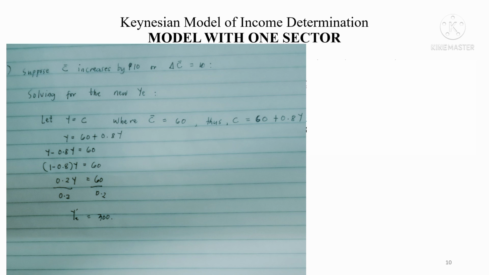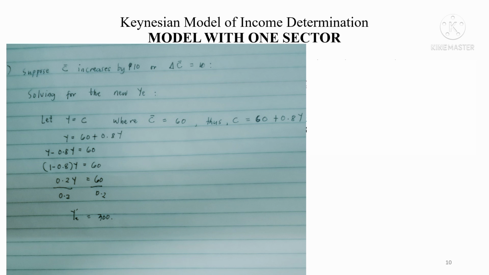Another way to solve for the change in the equilibrium level of income is by using the value of the multiplier. Earlier, we computed the value of the multiplier, which is 5. And the change in autonomous consumption is 10.